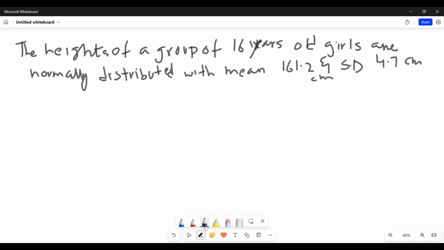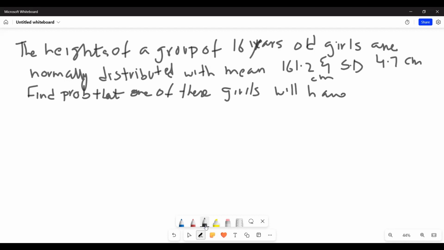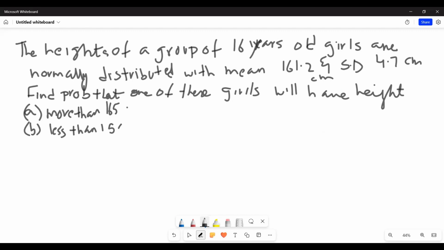Find the probability that one of these girls will have a height: part A, more than 165; part B, less than 150; part C, between 165 and 170.